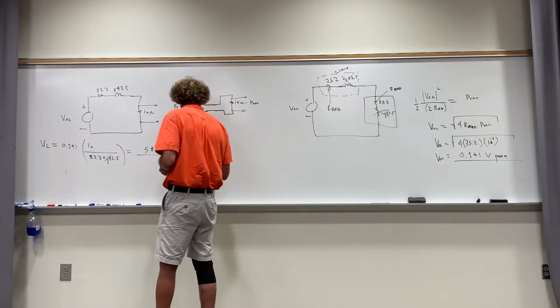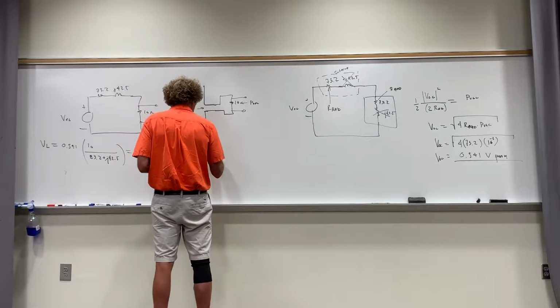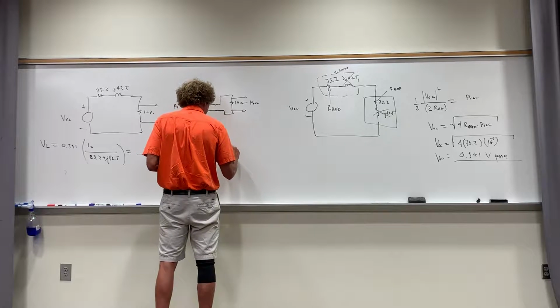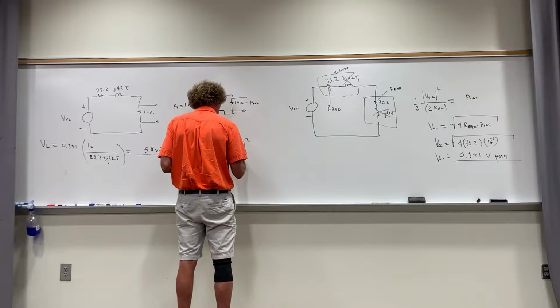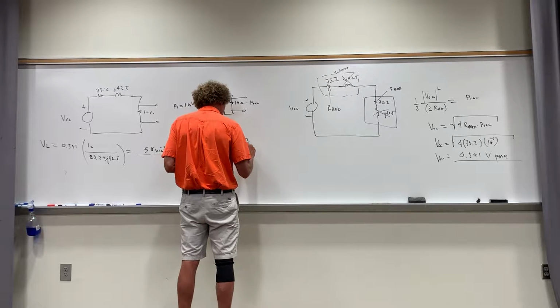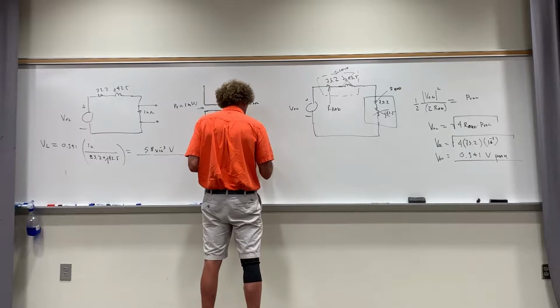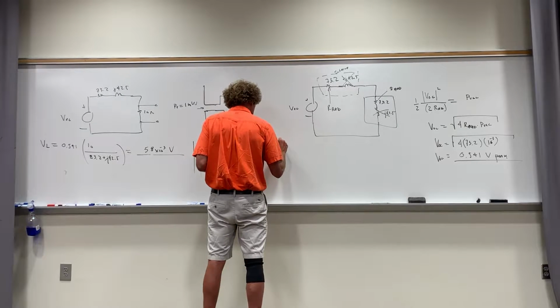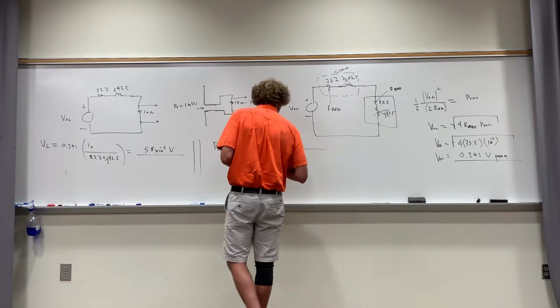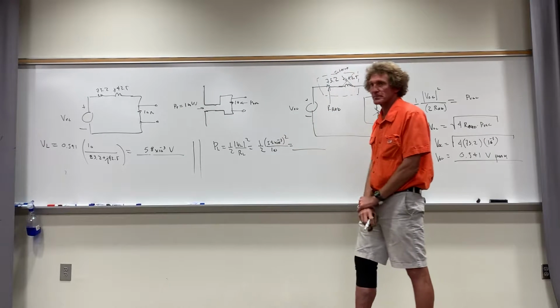Now, what's the power at the load? Power at the load is 1/2 the magnitude of the voltage at the load squared over the actual resistance of the load. So it's 1/2 times 58 times 10 to the minus third, squared, divided by 10. That should be the power, and hopefully it'll agree with what he has.